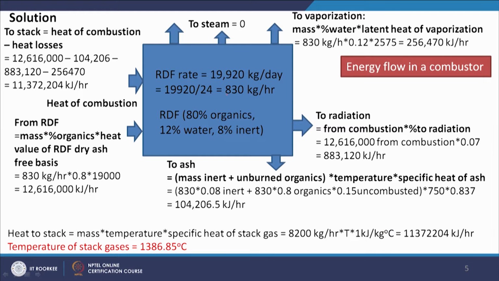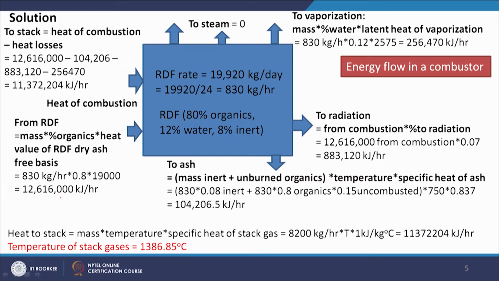So, here 830 kg into 80%, so 0.8, into 19000 kilojoule per kg, that was the heating value of this RDF on dry ash-free basis. By multiplication of these 3 terms and solving this we are getting 12,616,000 kilojoule per hour.